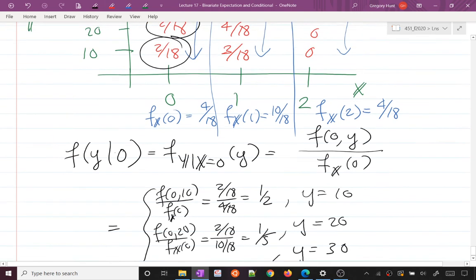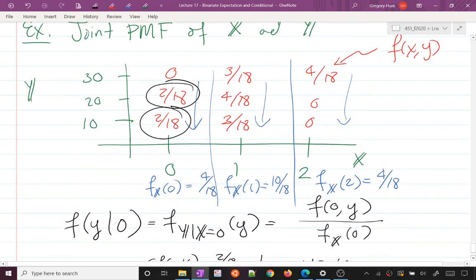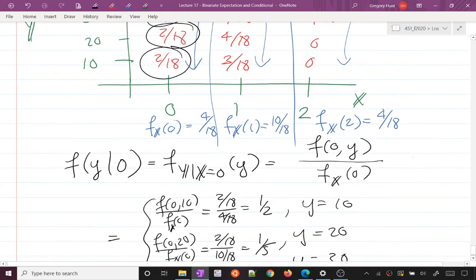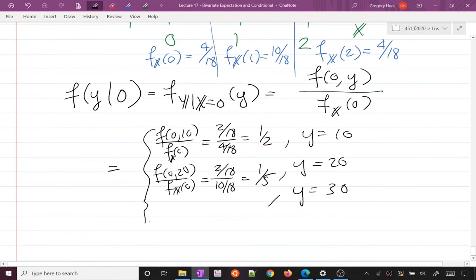And in the case of the last one, that should be 0. That doesn't add up correctly. What did we do wrong here? Oh, it's not 10/18. It's still, again, 4/18, fx of 0. The denominator is always the same. So that's 1/2.